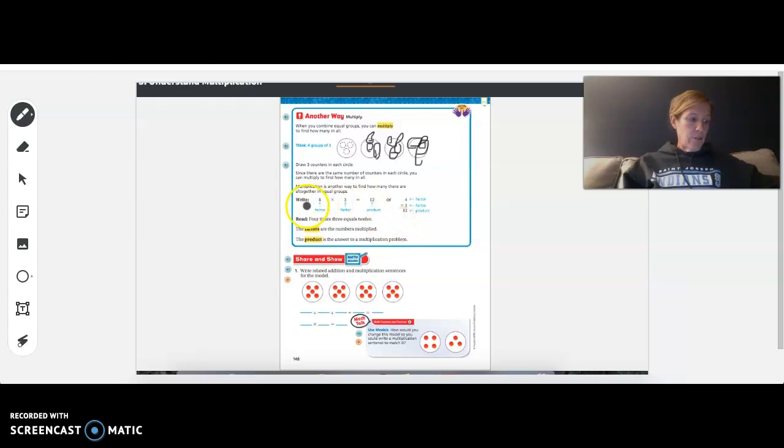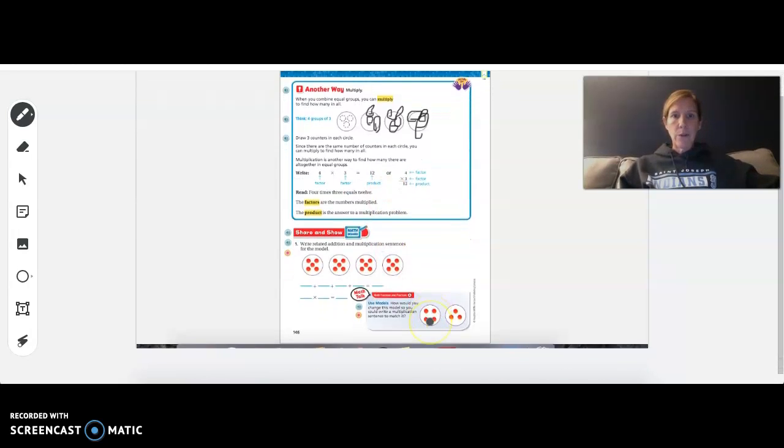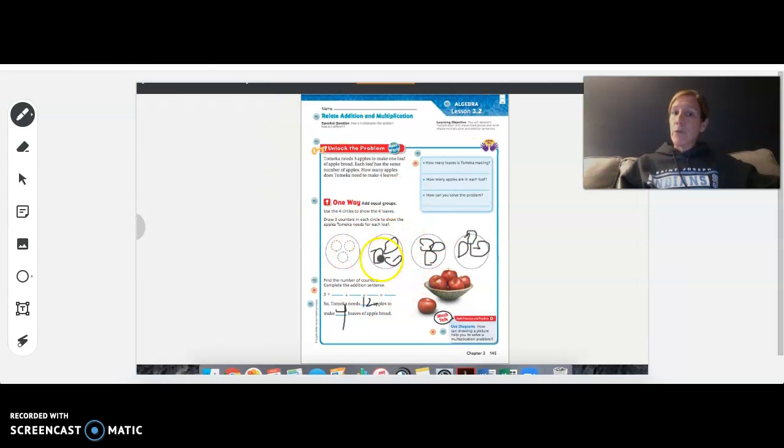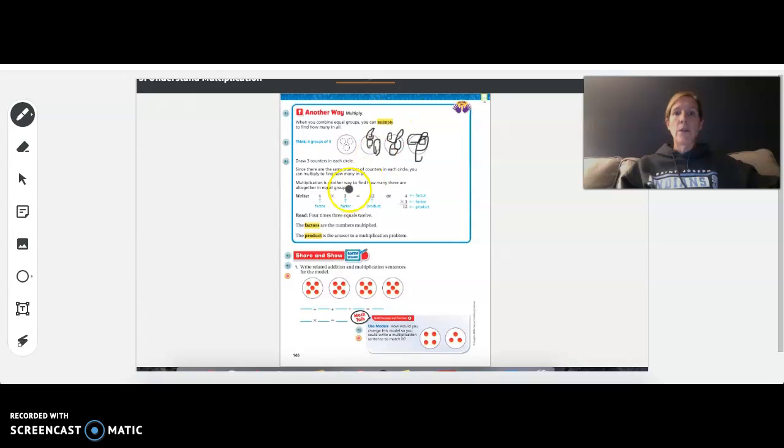The factors are the numbers multiplied, and the product is the answer to a multiplication problem. And we've been working on that one, that one's not new. So in these 2 pages, they show us how we could do repeated addition, 3 plus 3 plus 3 plus 3, or we could do multiplication, 4 times 3, because I have 4 sets of 3s.